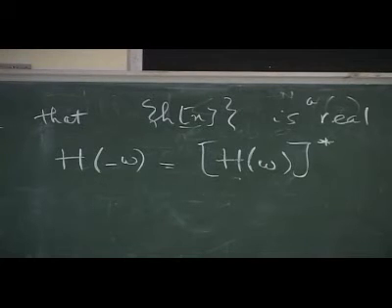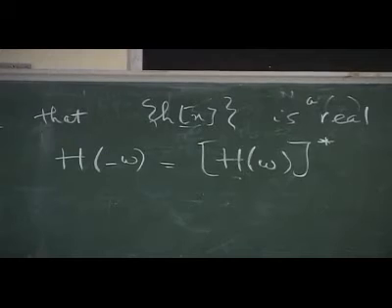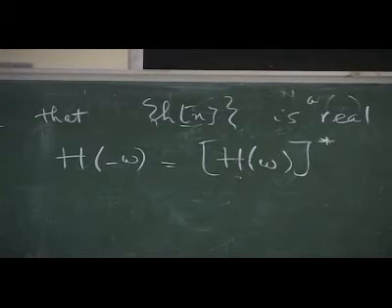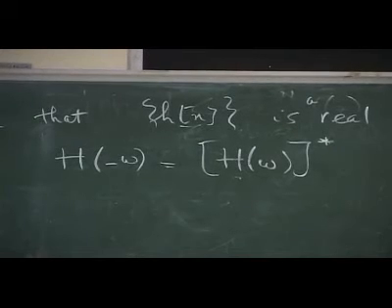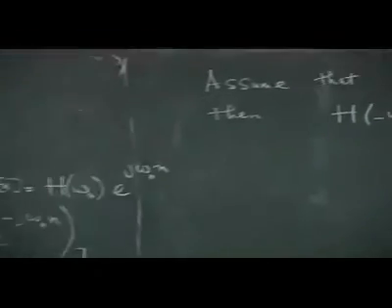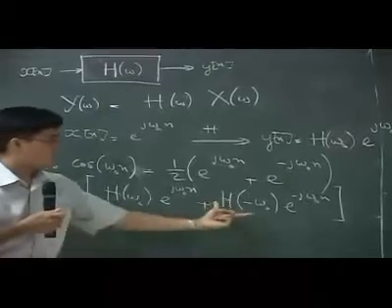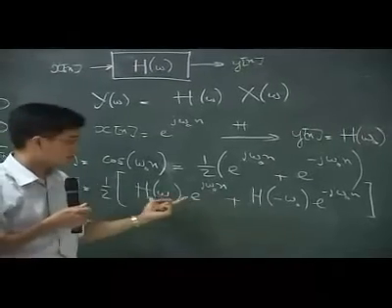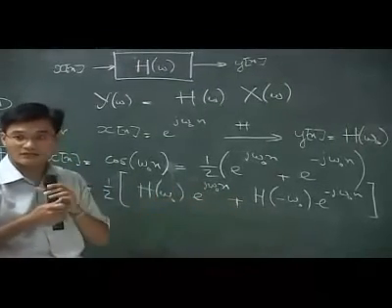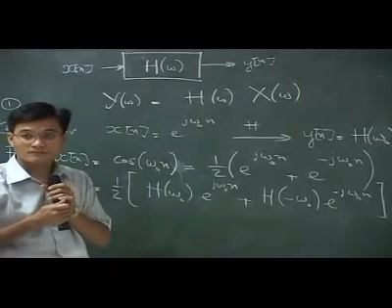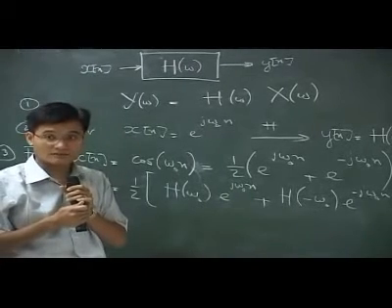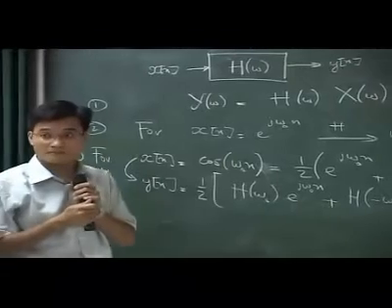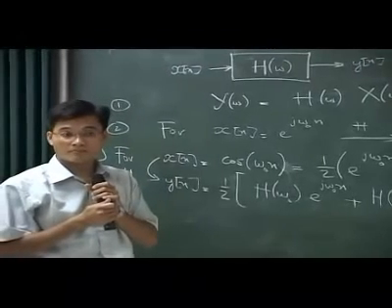What happens when you have two complex numbers that are complex conjugates of each other? You add them and divide by 2, and you get a real number.